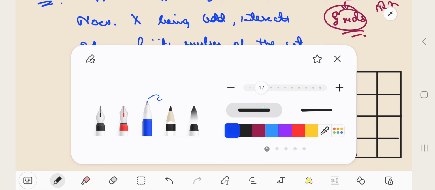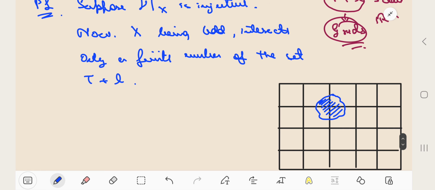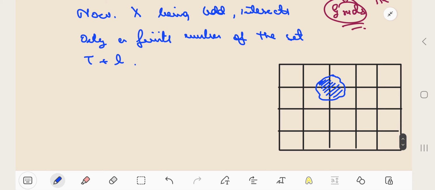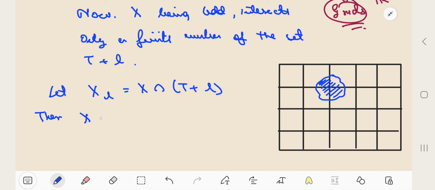It intersects only a finite number of these T plus L's. So I'll choose each individual intersection to be XL; let XL be the intersection X intersection T plus L. I'll get only finitely many such L's where this intersection takes place, so I can write X as the union of these XLi, for i equals 1 to n.